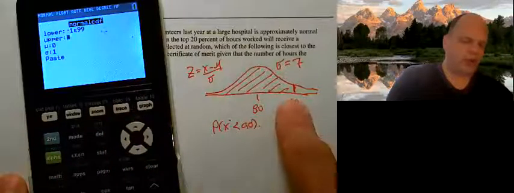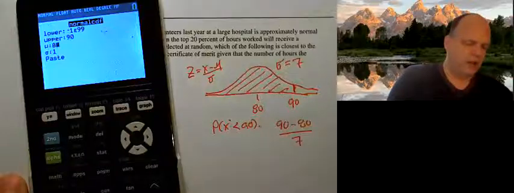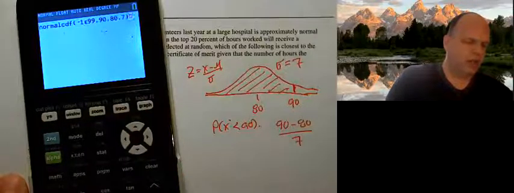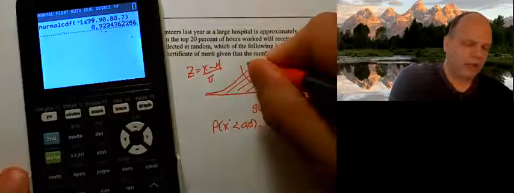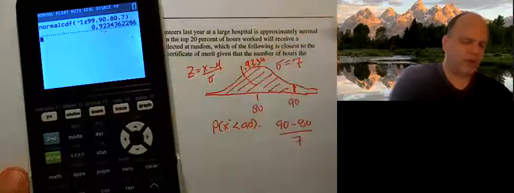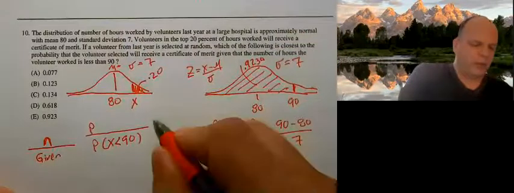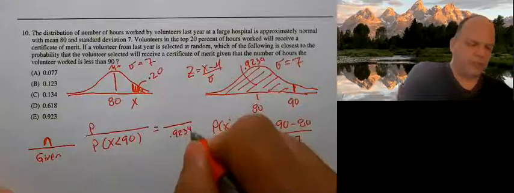Upper bound, upper part of my shaded is 90. Mean is 80. And the standard deviation is 7. And it tells me that this probability is 0.9234. That's how much area. So that's what's going in my denominator, is 0.9234.